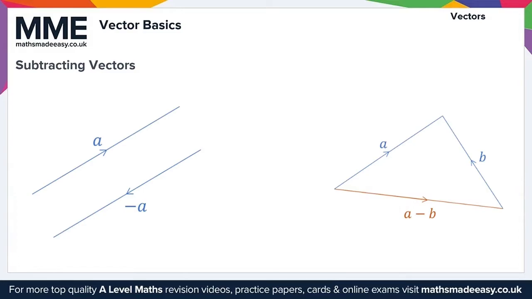So in that case, subtracting a vector is the same as adding the negative vector. So for example here, A minus B is simply equal to A plus minus B there. Okay. And we can see that from this diagram here. So that gives everything we need there for subtracting vectors.